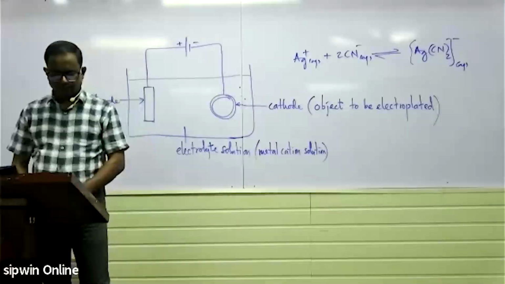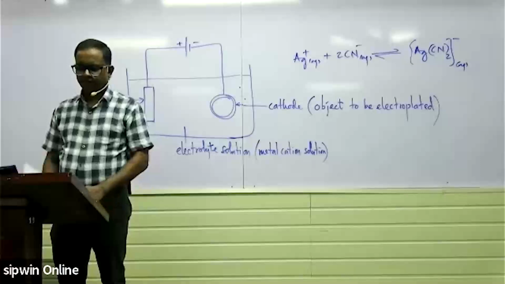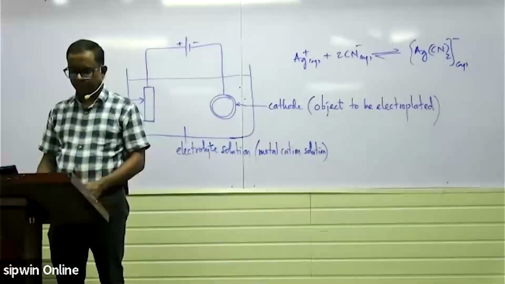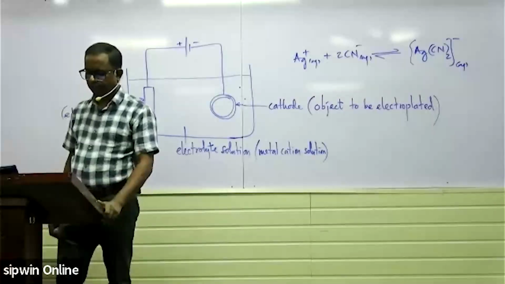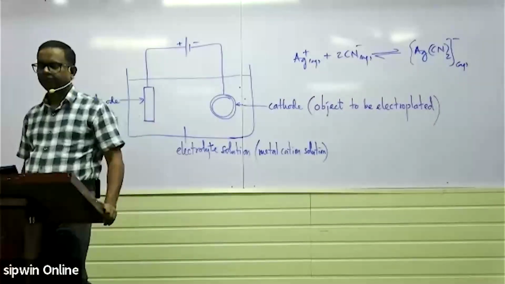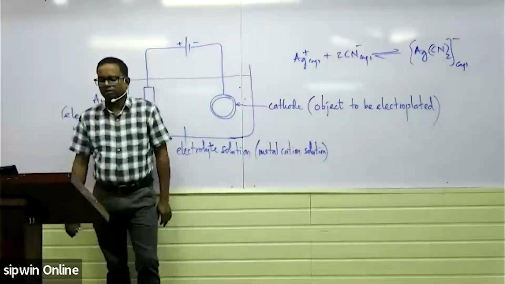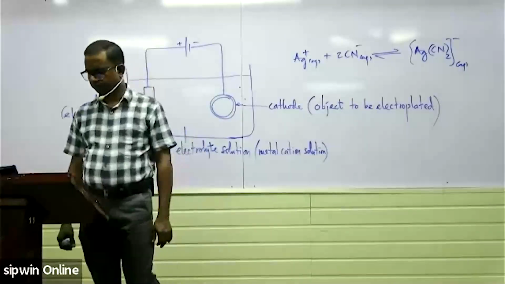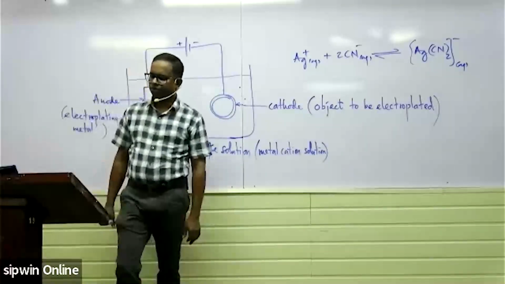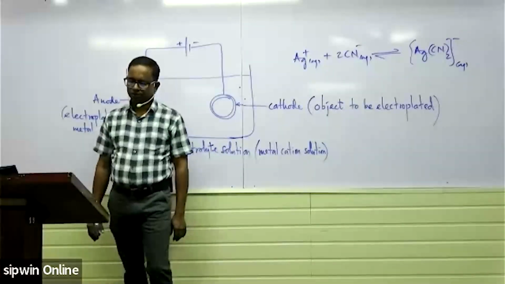Then the concentration of the electrolyte solution, within a bracket, metal cation concentration, close bracket, is controlled.